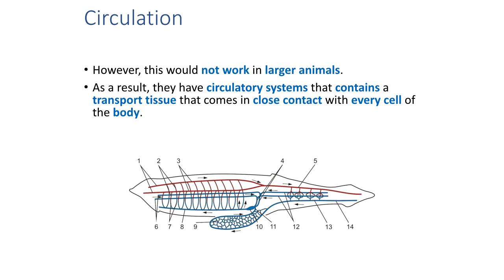So blood and hemolymph, which we'll be talking about, are technically considered connective tissues in the body, and they are going to reach every single cell of the body either by directly bathing those cells in open circulatory systems or by vessels branching to such a fine point that they come into contact with every cell, like we see in closed circulatory systems.